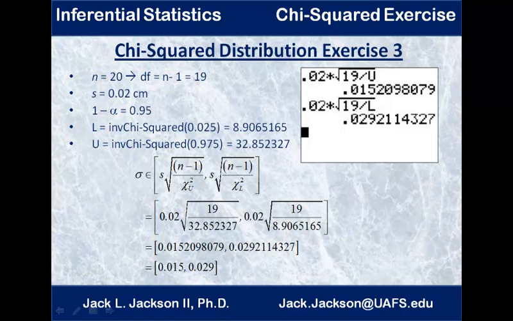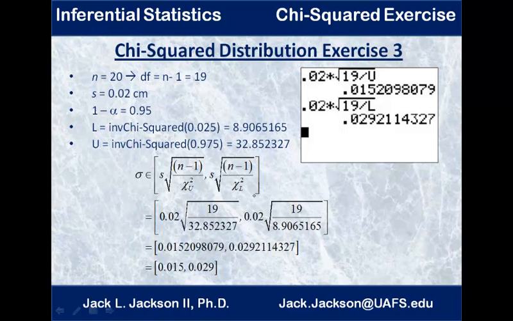Those were my inverse chi-squares to give me these two numbers right here, and we're finding an interval for the standard deviation rather than the variance. So it's our sample standard deviation, 0.02, times the square root of n minus 1 over chi-square upper, and the standard deviation times the square root of n minus 1 over chi-square lower.